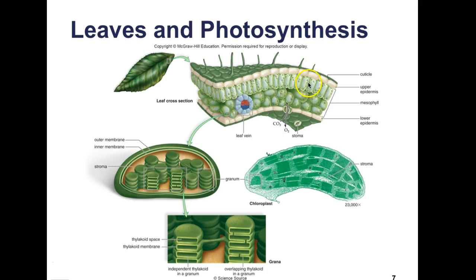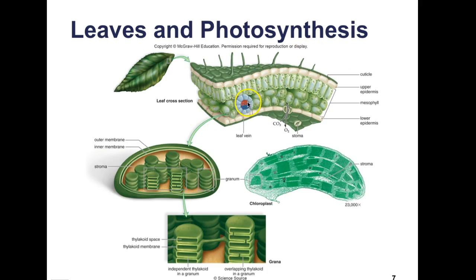The palisade mesophyll typically has a greater abundance of chloroplast than the spongy mesophyll because light energy is going to be striking that upper surface of the leaf. But both cell types do have chloroplast. Why do they call it the spongy mesophyll? That is because there are air spaces in here, and the air spaces are where we're going to have our gases able to diffuse in and out of this leaf.